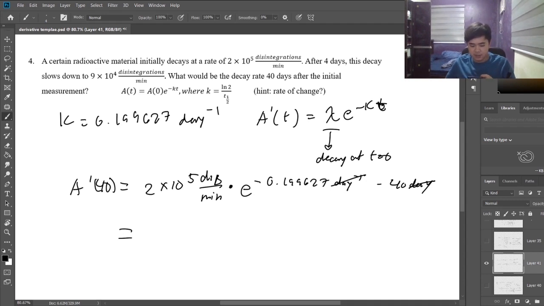So let's calculate the disintegrations per minute. Then we multiply this by e to the negative 0.199627 times 40. So we are left with the answer 68.101 disintegrations per minute.